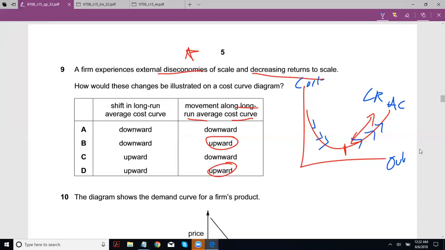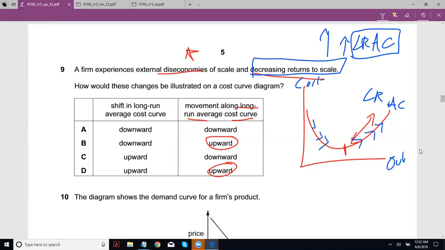So if you look at decreasing returns to scale, it means that as you increase all your inputs by a certain proportion, and your output increases by less, the level of average cost that you can attain isn't as low as it was before.